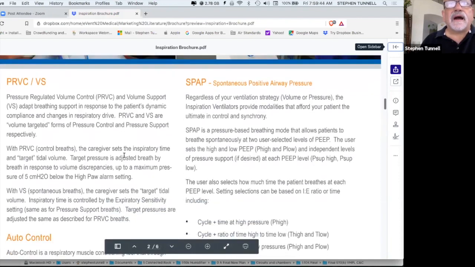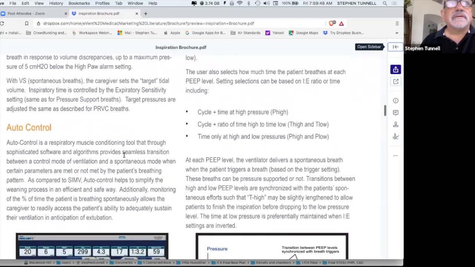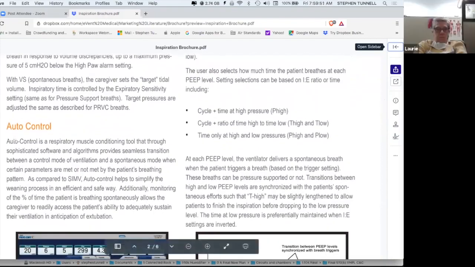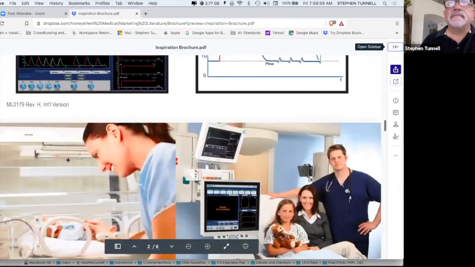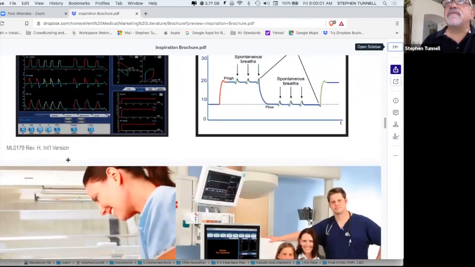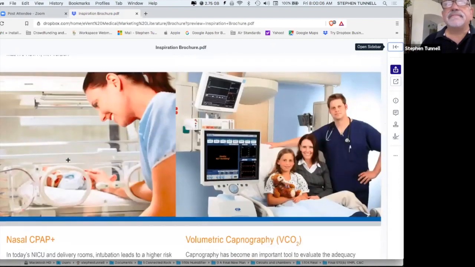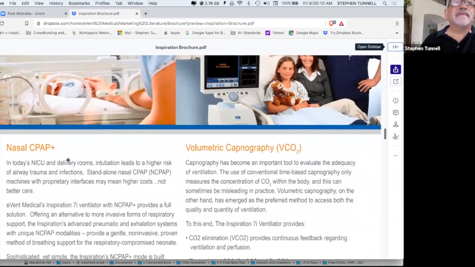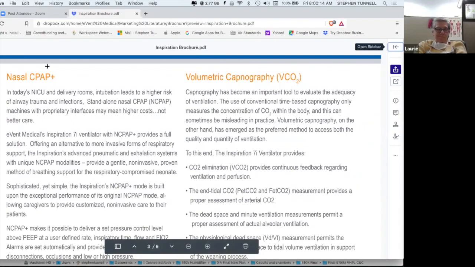And I'll give you guys the information to study that. We talked about auto control as an important mode that you see only on high-end ventilators. And there's those waveforms again. And happy family. The patient survived. And we'll talk more about some of these feature sets.